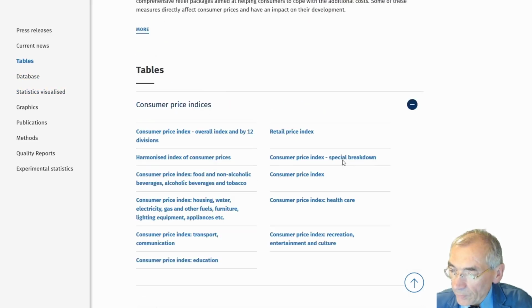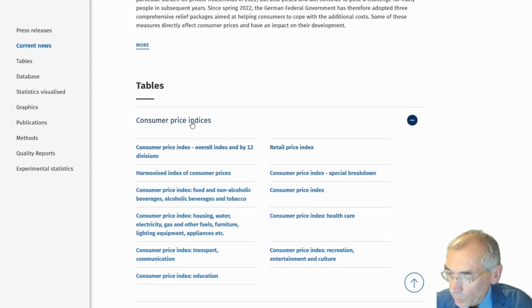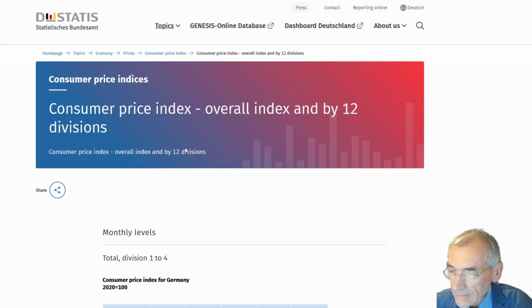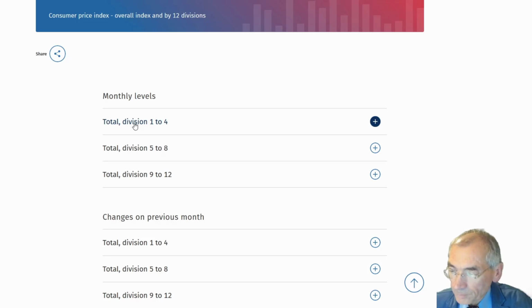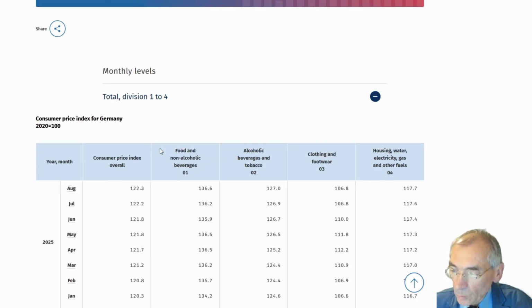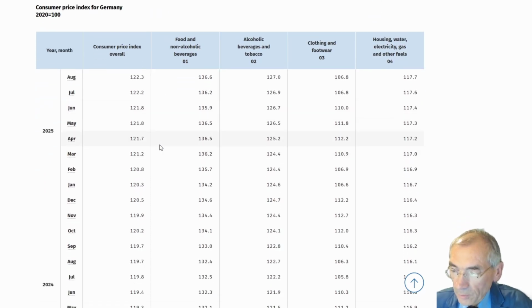Let's start with the numbers. We want to know something about consumer prices, the consumer price index overall on a monthly level. We want to see what we find there. And here, as I said, that will be different when you look at these numbers, but you have the possibility to look at the current numbers every time.